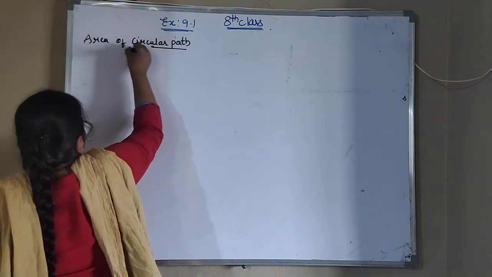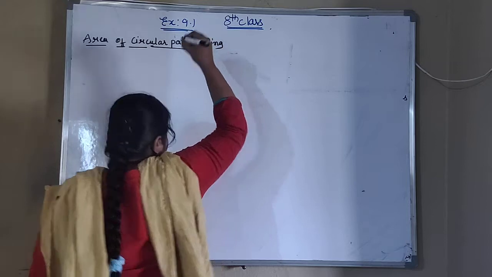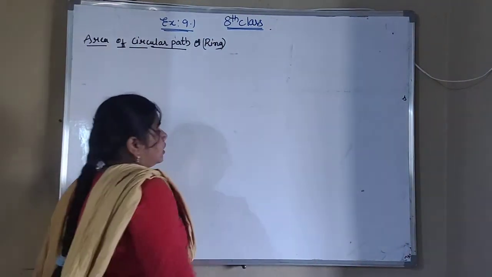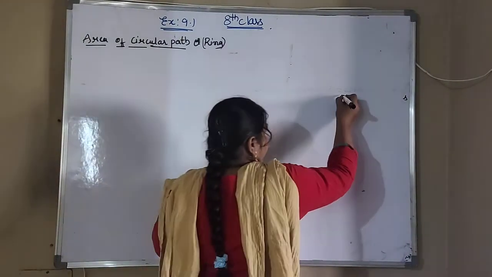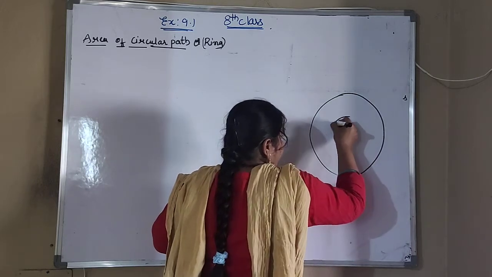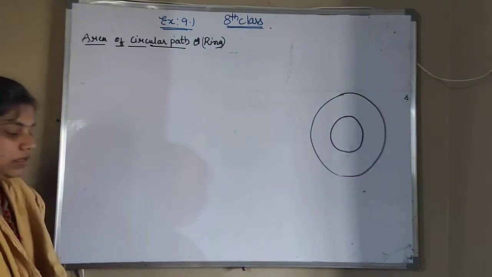So how to find the area of a circular path or ring? Area of a circular path or area of a ring. So if you take any ring, the ring will be in this order.